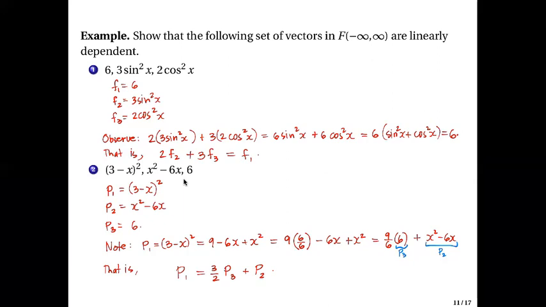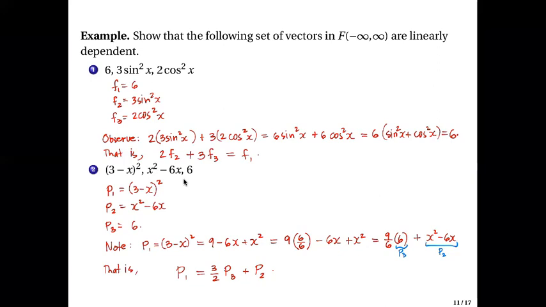Questions? Yes? If we want to prove that it's linearly dependent, we have to prove that we can write it. Can we just prove that, for example, P1 can be written in terms of just P2, or does it have to be in terms of P2 and P3? You can write it in terms of P2 or P3 or both of them. So if it's just one, it's enough to prove that it's dependent? Yes. Perfect.